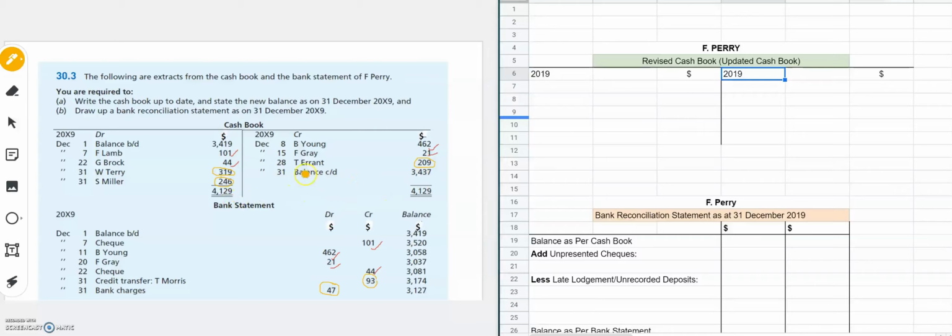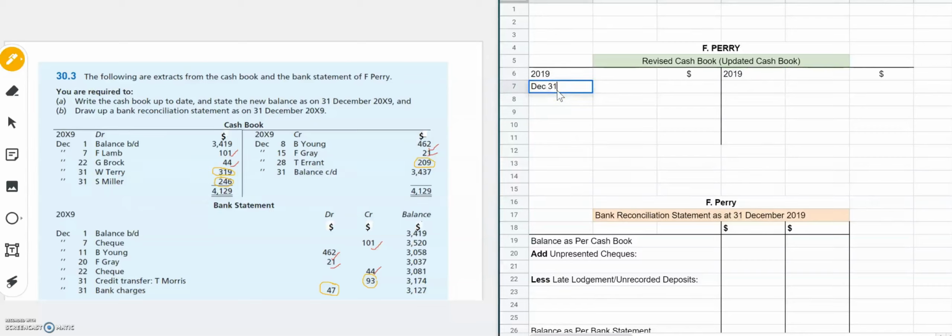So here we have a balance carried down of 3,437. Now we know that if we have a balance carried down, we are going to have a balance brought down. Our balance carried down here is on the credit side. That means that our balance brought down will be on our debit side, right? And it will be the same amount as our balance carried down. So we're going to go ahead and record that information.